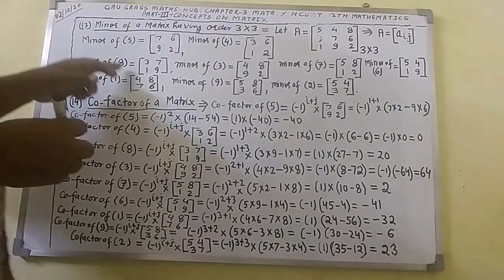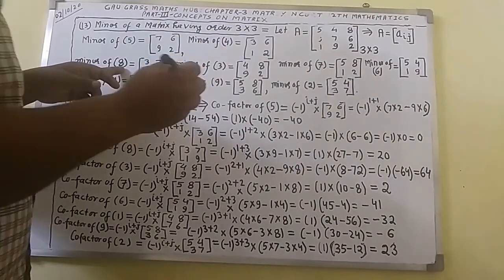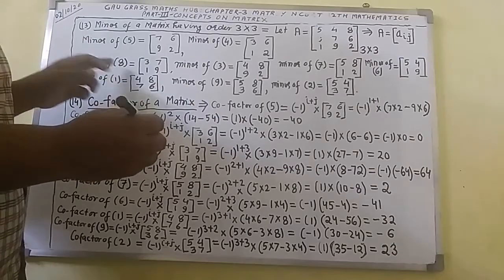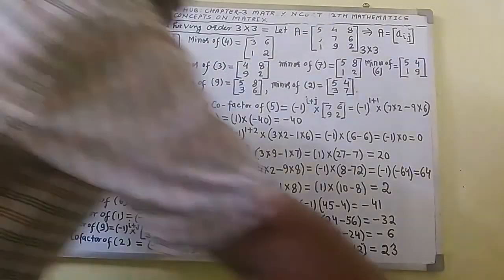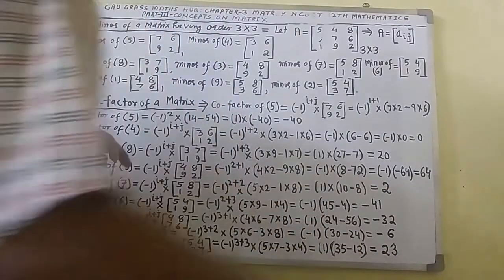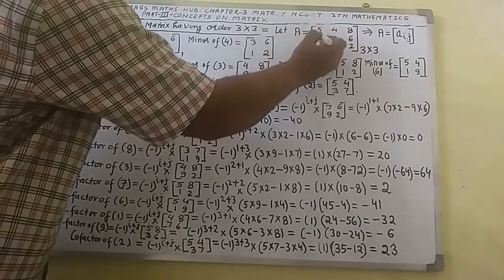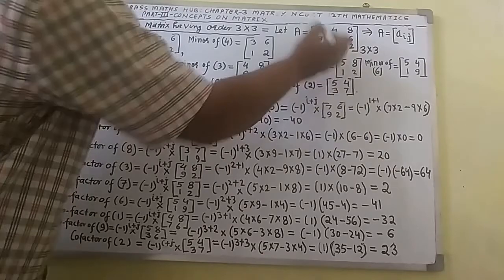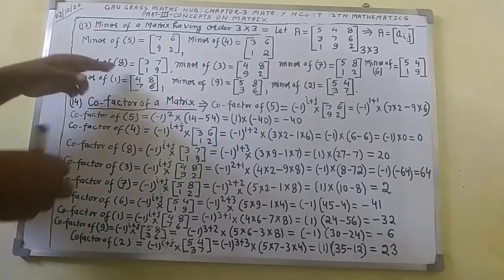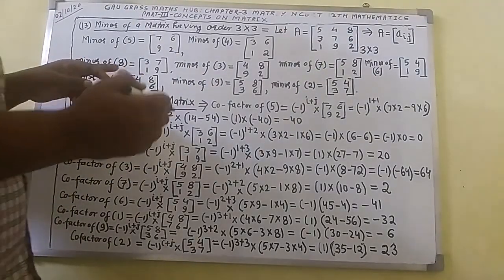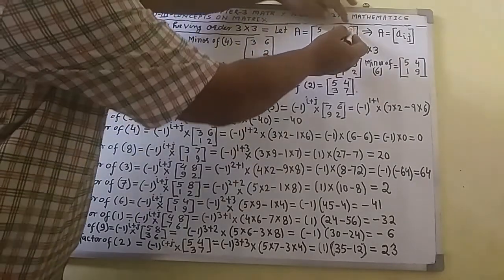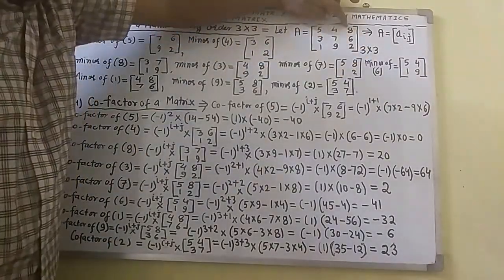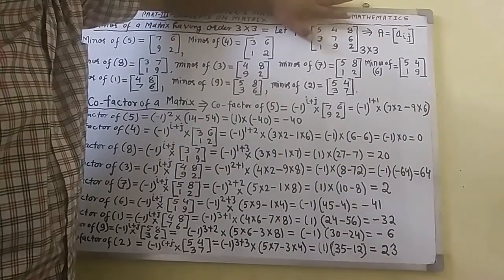Now, the minor of element 5 you have got here. The minor of element 8: how will we get the minor of element 8? The element 8 is in the first row.